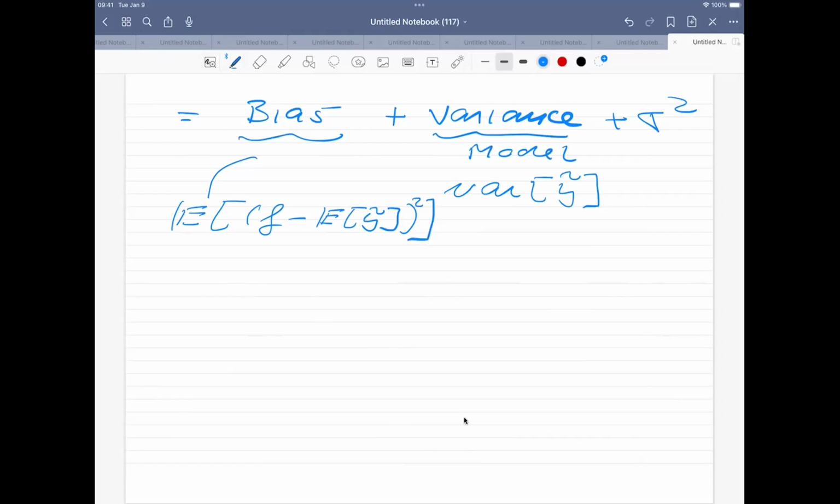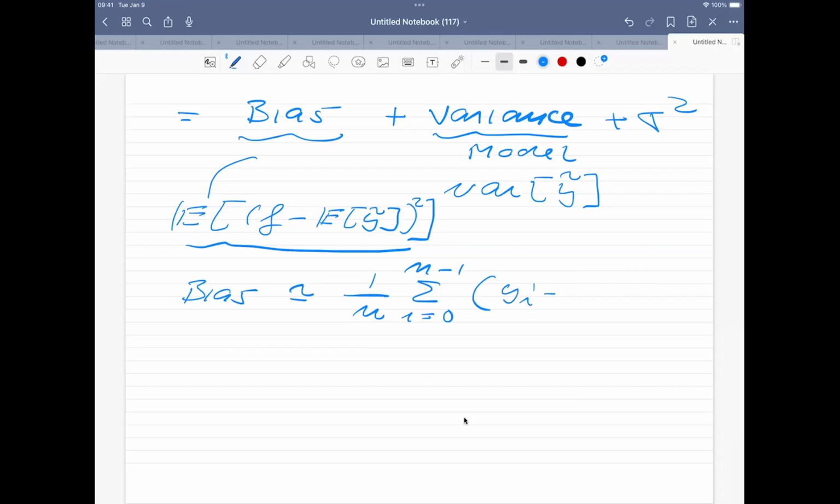Now, this term here, we know that we cannot calculate this one. We don't know it. That's the one we are making an approximation to. So in order to be able to calculate, we make an approximation to the bias, because else we would not be able to evaluate it. So what we end up doing is an approximation here, where this quantity, which we call the bias, or the bias squared, sometimes you will see it, we approximate with 1 over n, sum over i equals 0 to n minus 1, of y_i minus, so we approximate f with the output data.